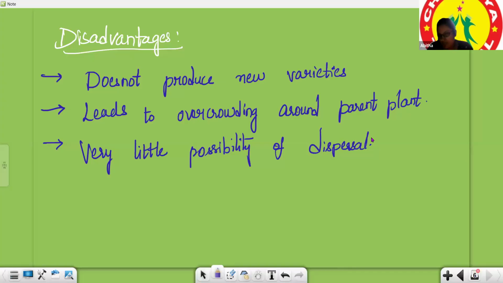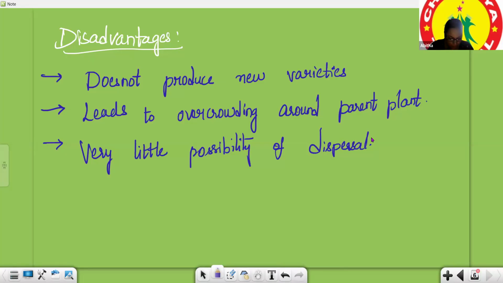Because of vegetative propagation, if ever a stem comes in contact with the soil, again from the stem a new individual can be generated. Thus, around the parent plant, there can be overcrowding.